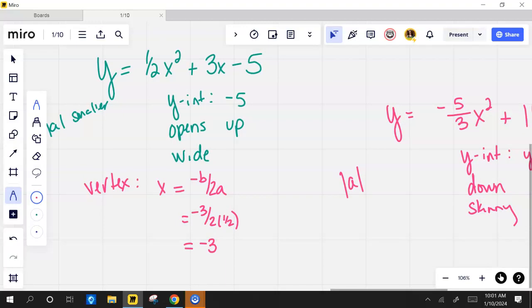The other half is the y part that I need. So how am I going to find the y part that goes with that x equals negative 3? I'm going to plug it in. That's exactly right. So I'm going to say y equals 1/2 negative 3 squared plus 3 times negative 3. I'm plugging it in for every x that I see way back up here in my original equation.